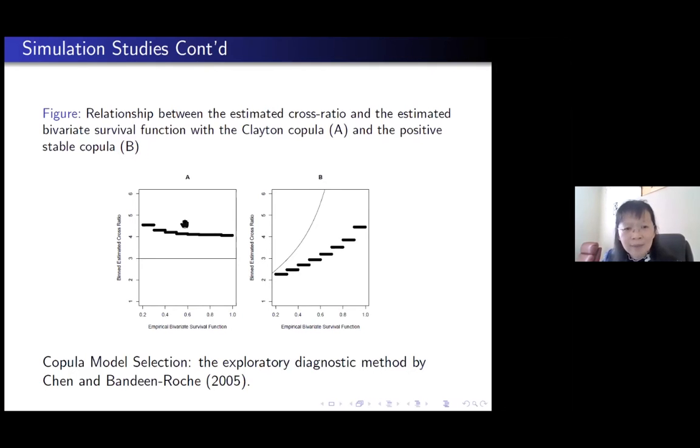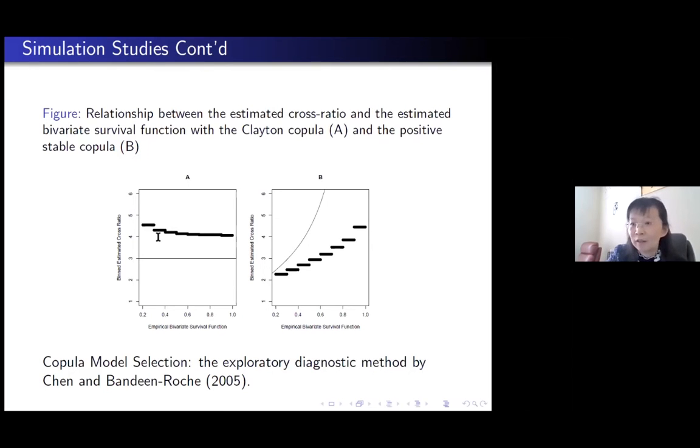As expected, the diagnostic method could not accurately estimate the cross ratio curves given the biased data, but it could adequately detect the association pattern, from which we could select an appropriate model from the copula family.